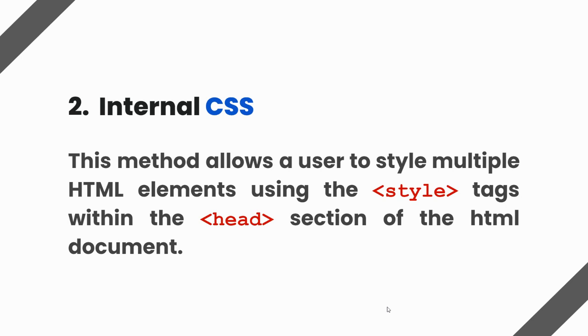It also works within the HTML document like inline CSS, but it isn't applied on the element. Rather, you would create a section for that styling within the head tags. That's the head section, so that's where the whole styling would be done for this method. We'll be seeing that when we get to the practical session for this class.